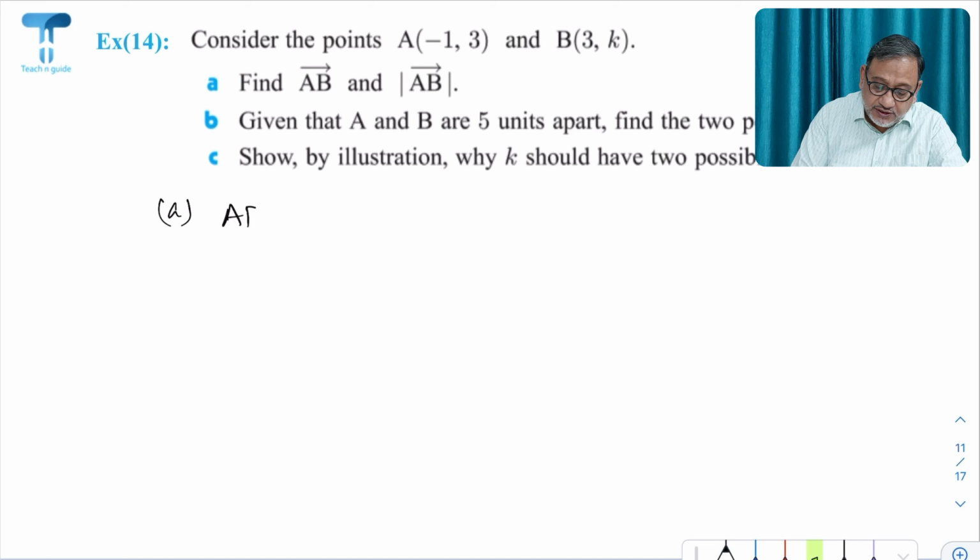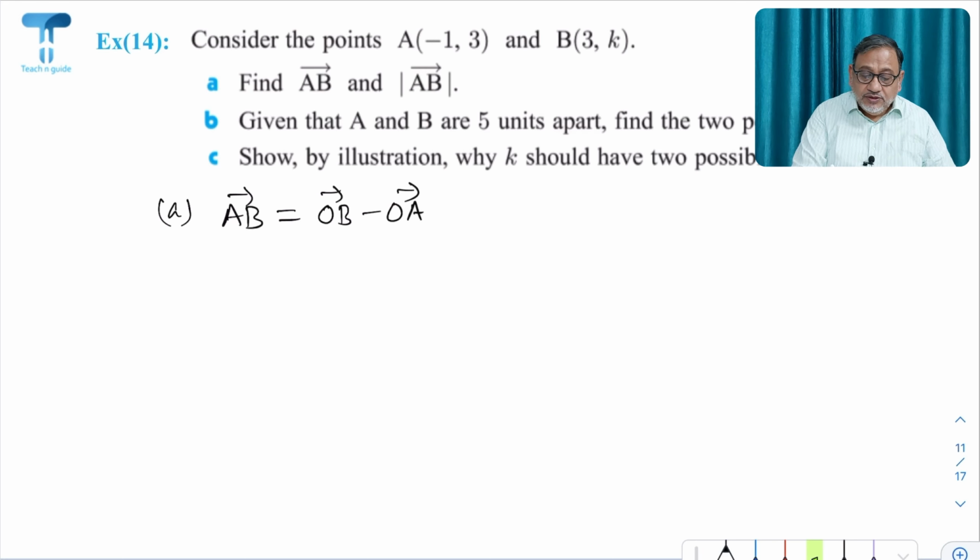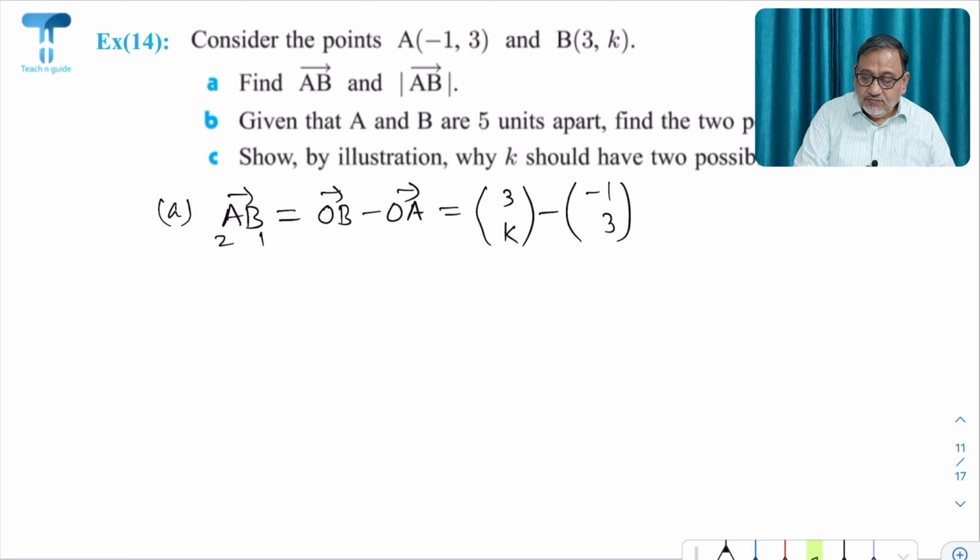So first vector AB. So it will be OB minus OA. I already gave you this, that in terms of position vector, you start with this and end with this, right? So OB in component form will be (3, k) minus OA will be minus (-1, 3). So which is going to give me 3 minus minus, plus 1, and k minus 3.